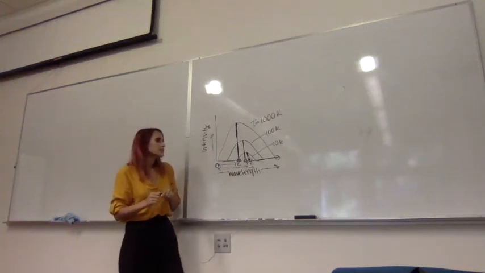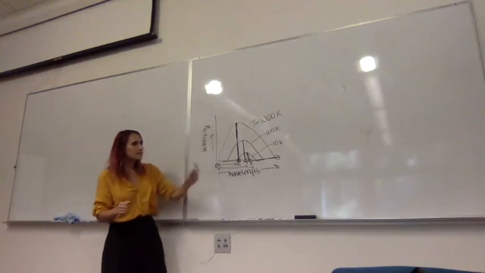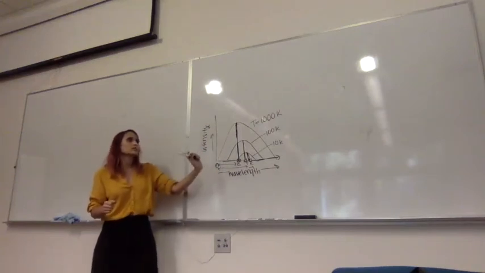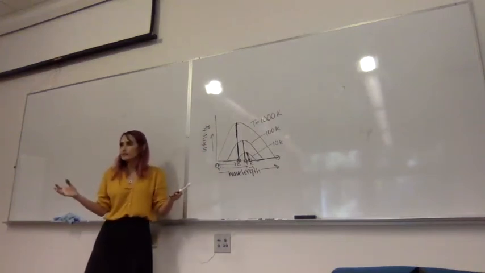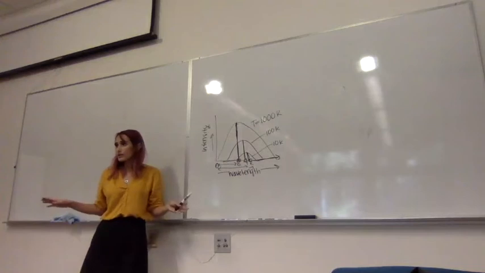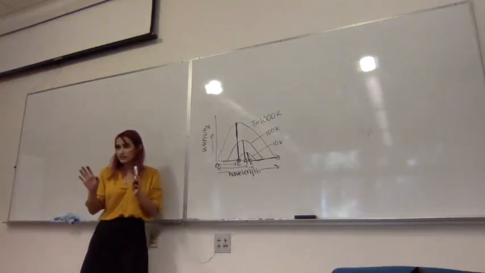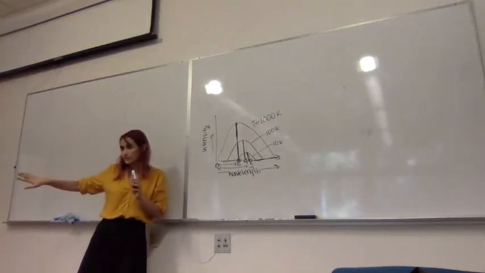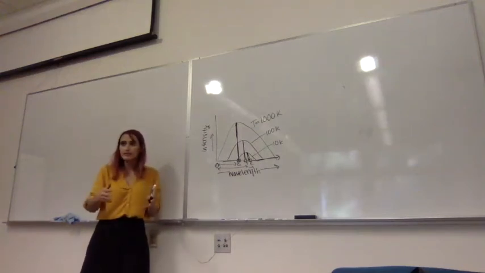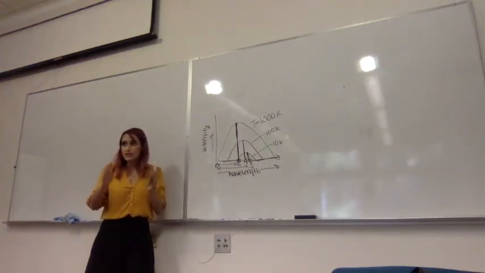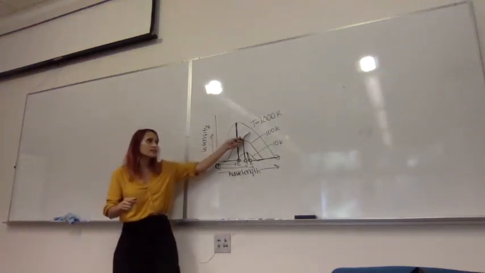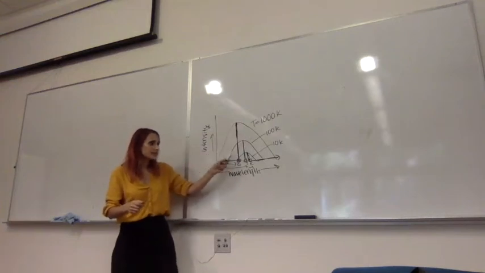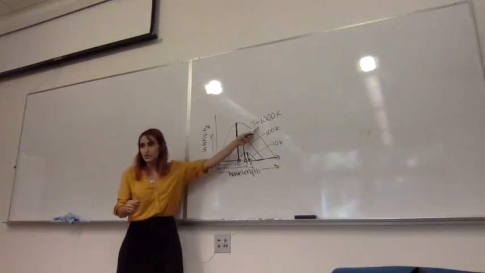But there's nothing in this graph about what the material is made of, because it doesn't matter as long as it's not a hot gas. We're just dealing with stuff that's not hot gases. It doesn't matter what it's made of, as long as it's the same temperature. The only thing that matters about which curve it's going to be is temperature.